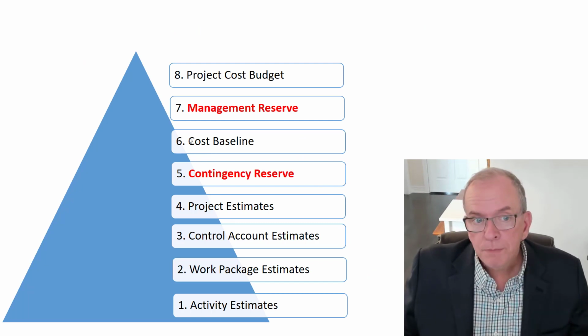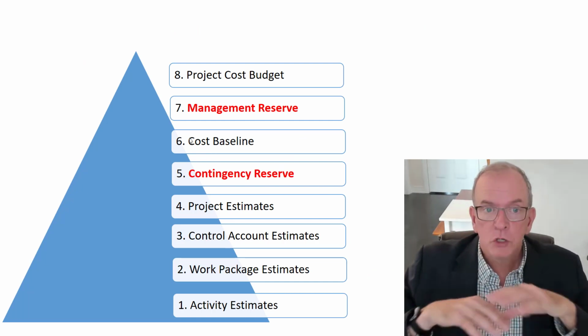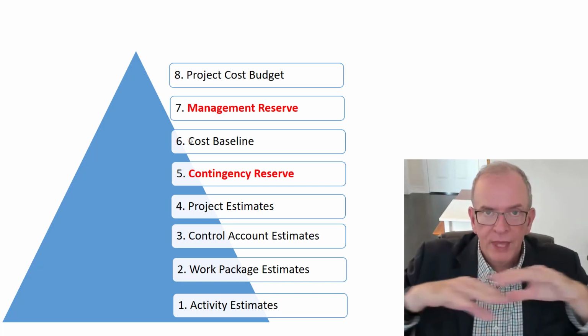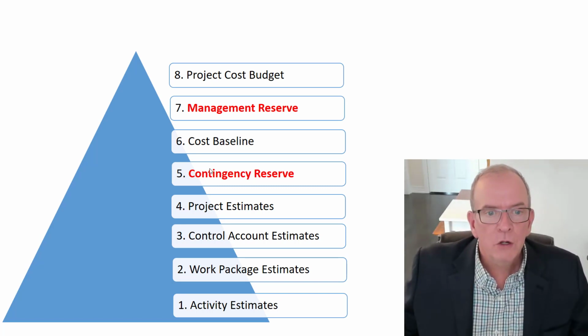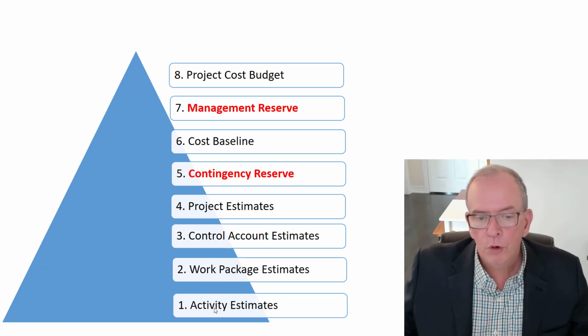Your overall cost baseline, what you as a project manager would manage without having to ask for extra funds, would include your overall roll up of your costs, because these basically roll up, like 4 or 5 activities might roll up into your work package estimates. Your work package estimates might roll up into your control account estimates.